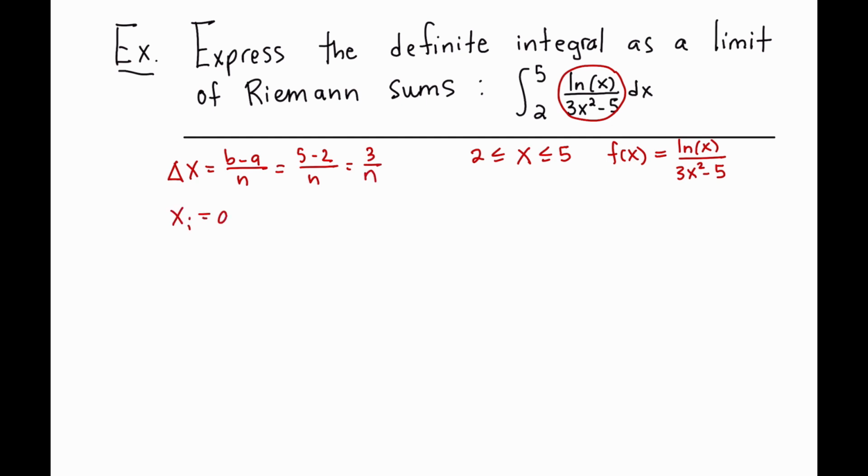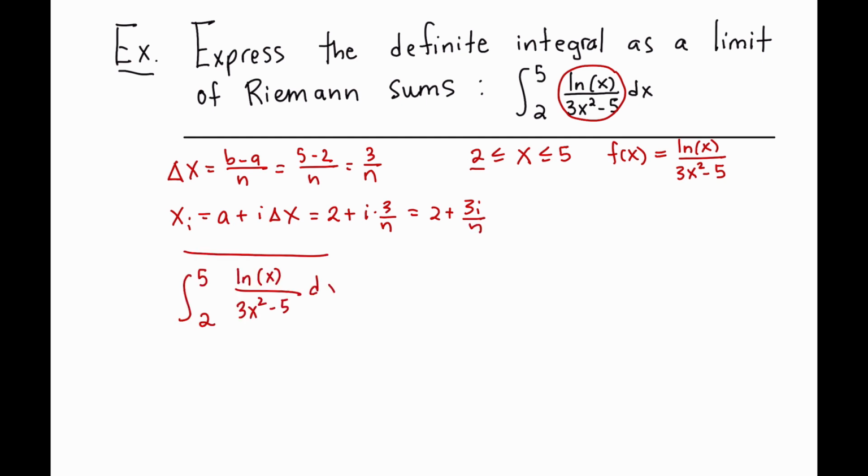xi is given by a plus i delta x. a was equal to 2, so that is 2 plus i times 3 over n, which is just 2 plus 3i over n. The definite integral is equal to the net area, which is the limit as n approaches infinity.